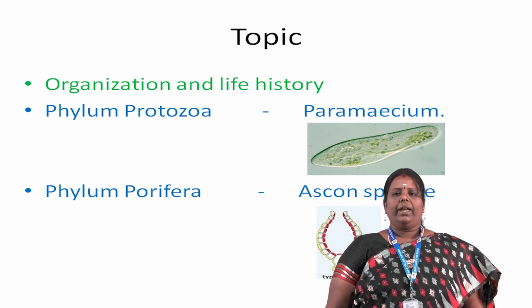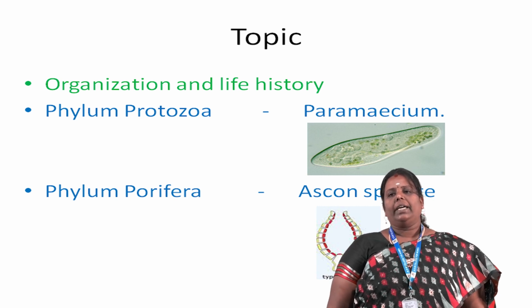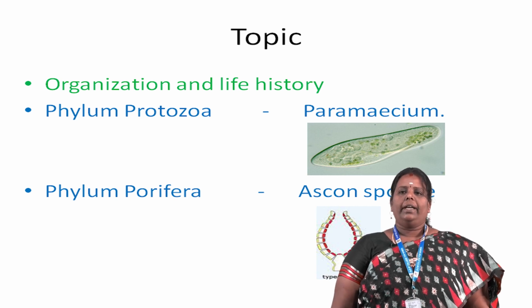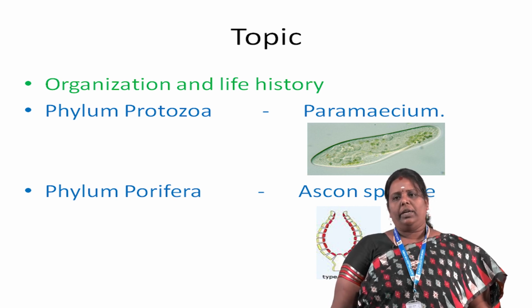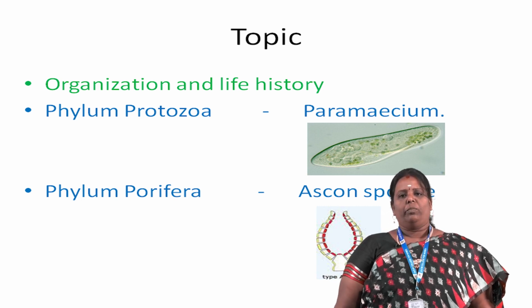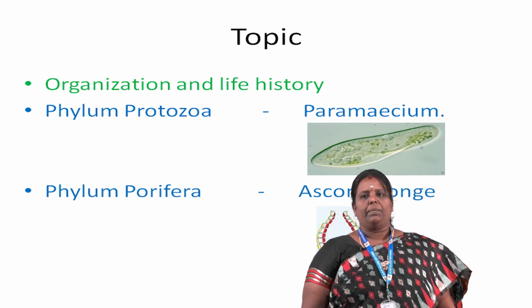Another one is the phylum Porifera. Porifera contains pores, and pores mean holes in the body. It is used for observing water particles through the pores. So we have to study the phylum Porifera. Before that, we have to know what phylum, class, order and species name are.